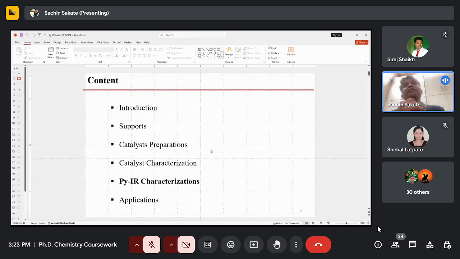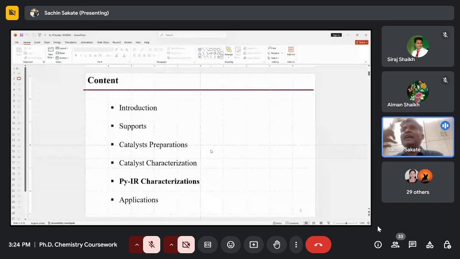Then I will go through the application of this technique, which is the most important part, and how it leads to very good research and characterization of our material, included in very good papers, so that you can have very good content for your manuscript or paper. Okay, so this is the outline of today's lecture.